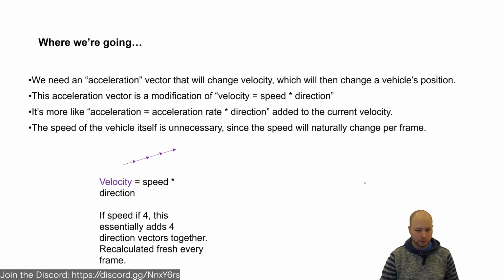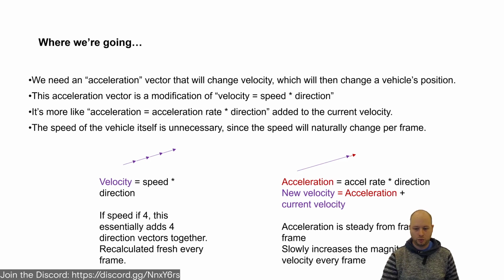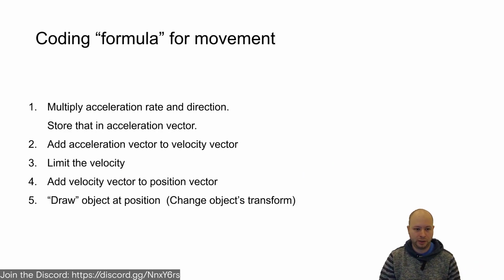So we have a velocity, which is going to be the speed times your heading, and then we're going to have an acceleration, which is the acceleration rate times the direction, giving you a new velocity versus your current velocity. It's very similar ideas. Ultimately we're adding vectors to other vectors, and then applying them to another vector, which is your position.